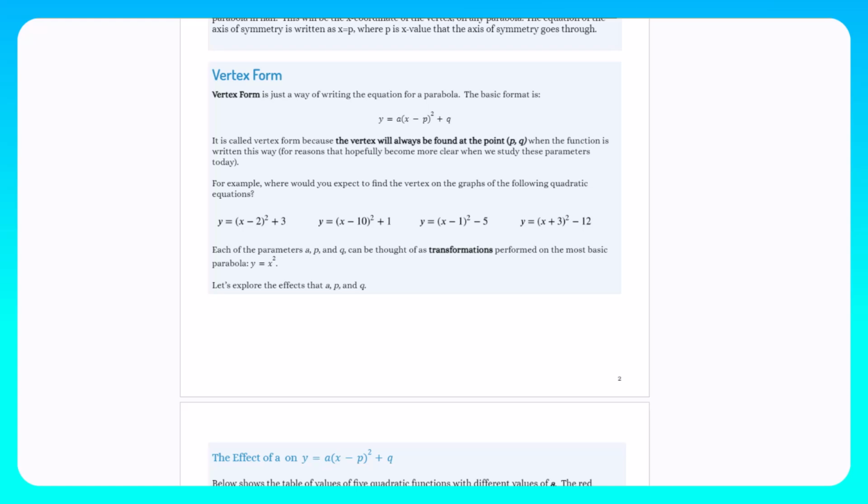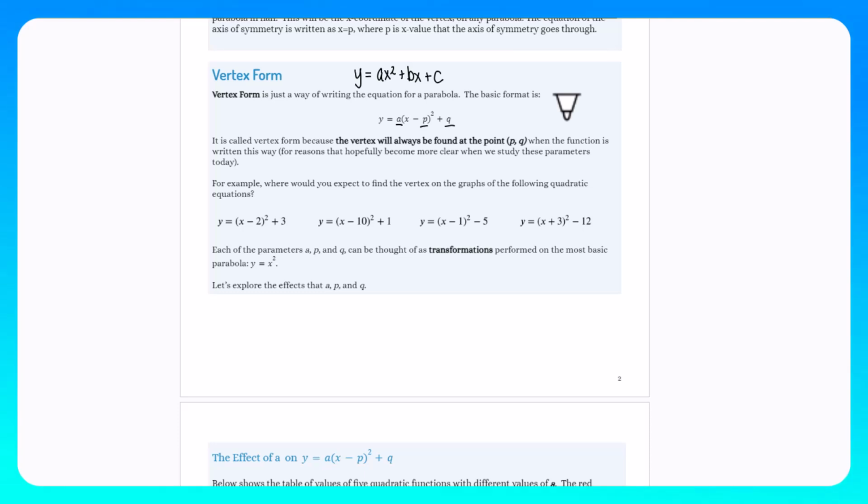Well, vertex form can be written in a little bit of a different way than standard form. Remember, standard form was y equals ax squared plus bx plus c, where vertex form is y equals a, and p and q.